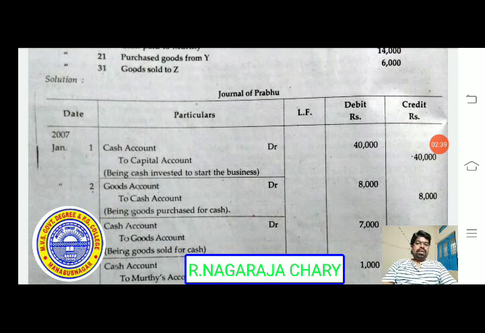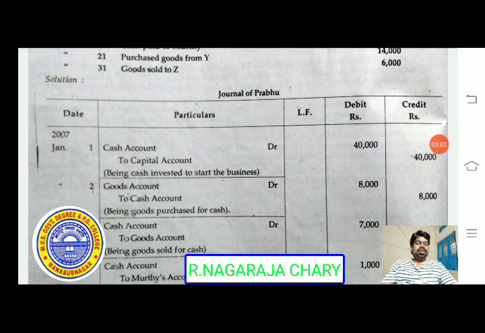In the date column we have to write the date on which the transaction occurred. In the particulars column we have to write two aspects, one is debit aspect, another one is credit aspect, that is giving aspect and receiving aspect.